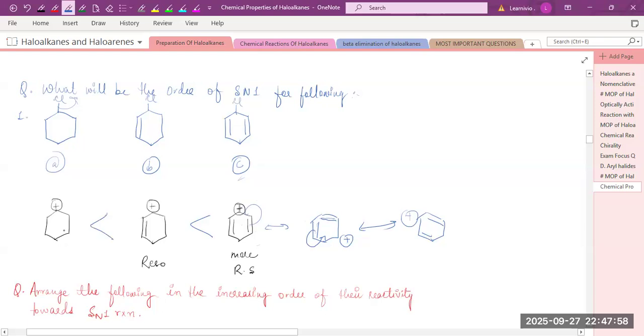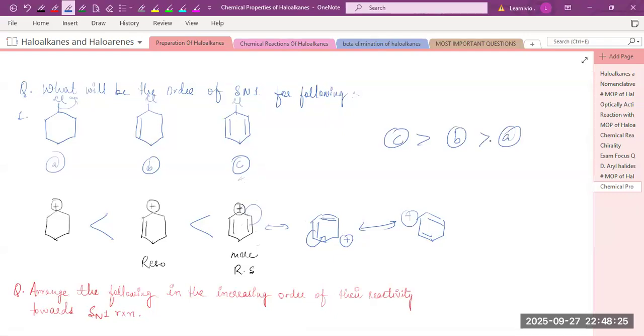This one, you can see there is no pi electron, so there will be no delocalization over here. So that's the order. In which will it be highest? Fastest reaction is C, then B, then E. C, then B, then E. That's the order of SN1 reaction.